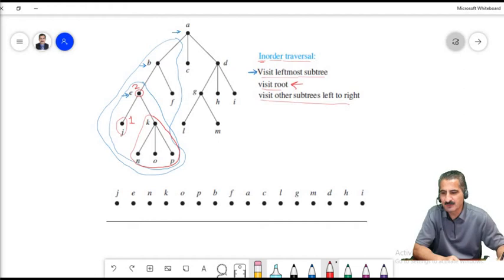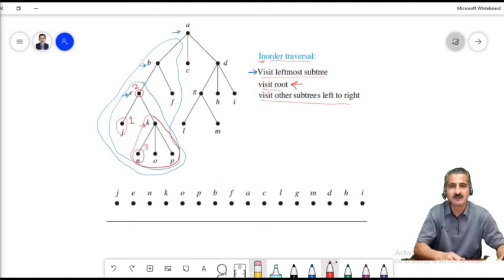We will not take K unless we go to its leftmost subtree, which is N. So we will take N first, so this will be 3. And then we go to take the root, this will be 4. Okay? And then we move left to right, this will be 5, and this will be 6.